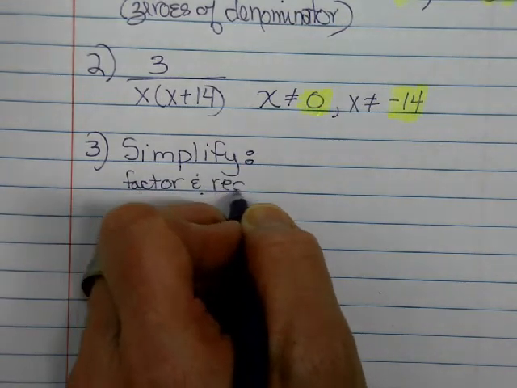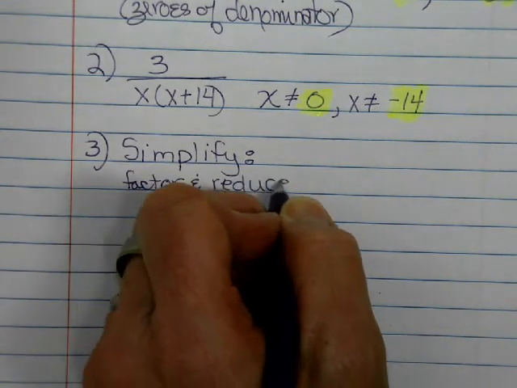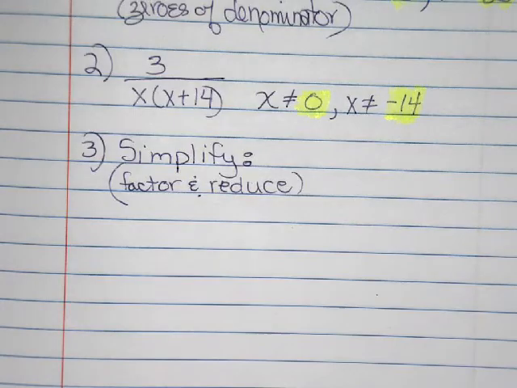In fraction land, you did that in your head. If you saw 3/6, you just automatically reduced it to 1/2. You didn't say, oh, they both have a common factor of 3, so I need to factor 6 into 2 times 3, and then cancel the 3's, and that leaves 1 in the numerator and 2 in the denominator. No. You just do the mental math, and you're done.